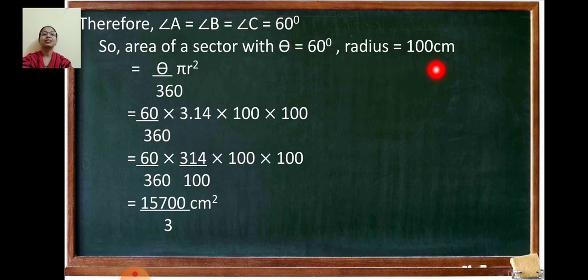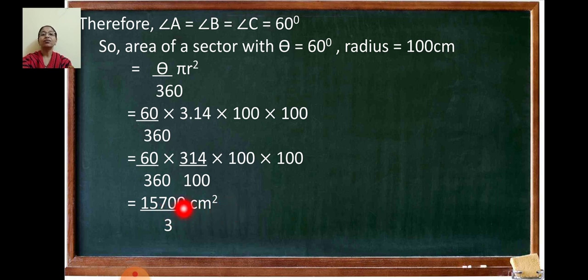Radius is 100 centimeter. Therefore, area of sector is theta divided by 360 into pi r square. Substitute the values, cancel out the terms, simplify this. So you will get 15,700 divided by 3 centimeter square. Right? This is what? This is the area of one sector.